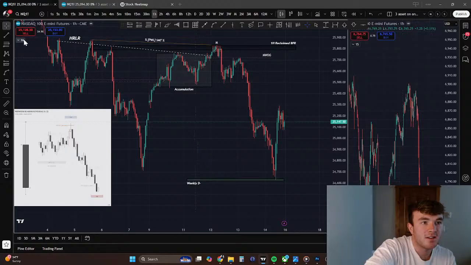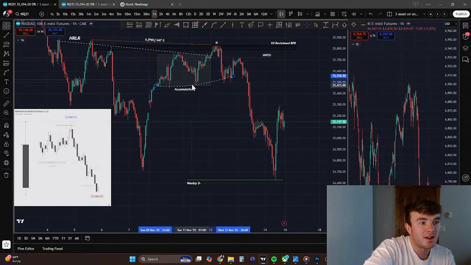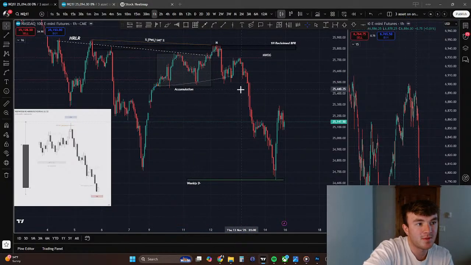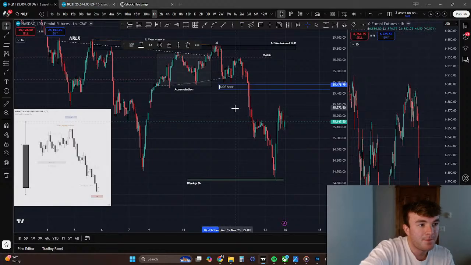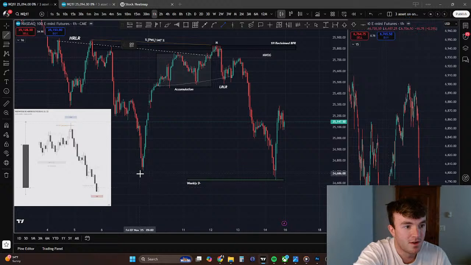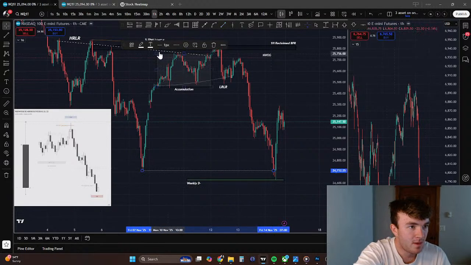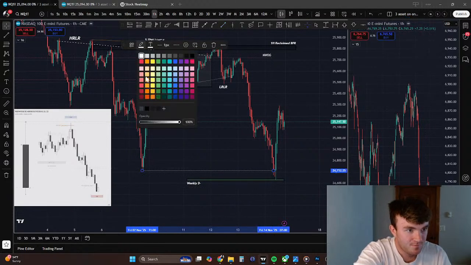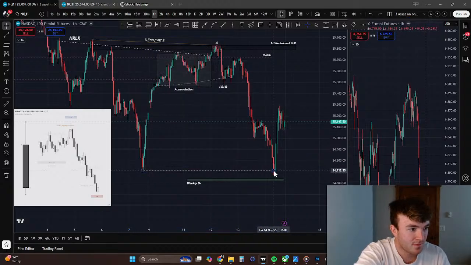Honestly, let's just have some fun for a second. Let's say that you wanted to catch the high of the week using the entry from this BPR, and let's say you knew the draw on liquidity was previous week's low. Yeah, we're going to have some fun here, right?